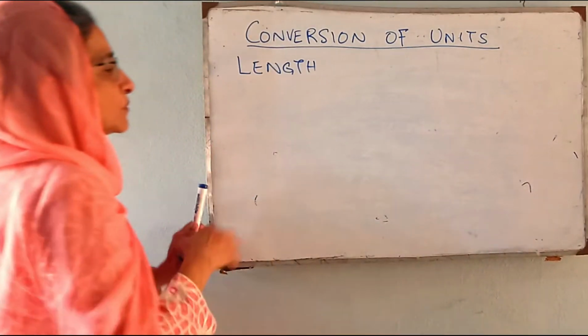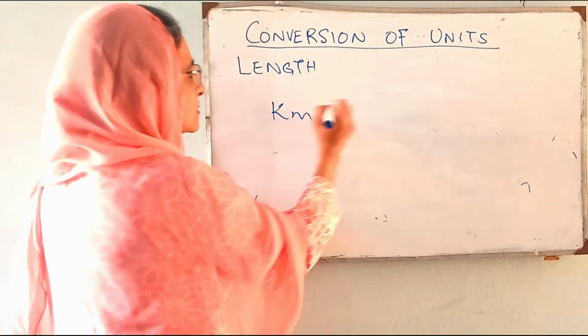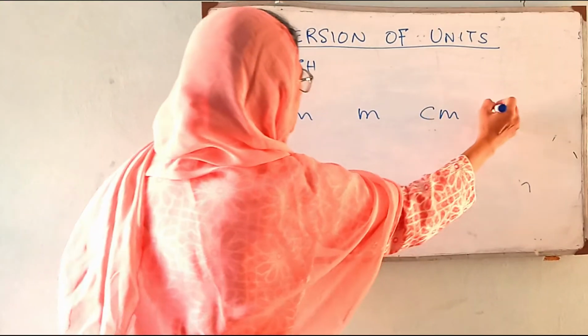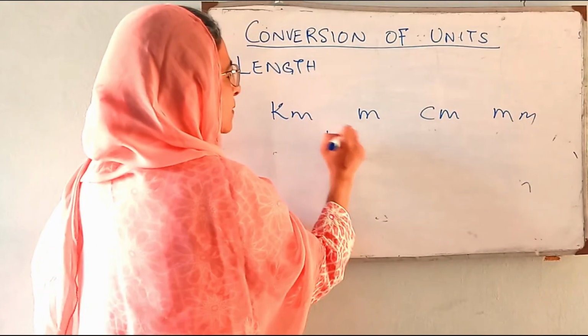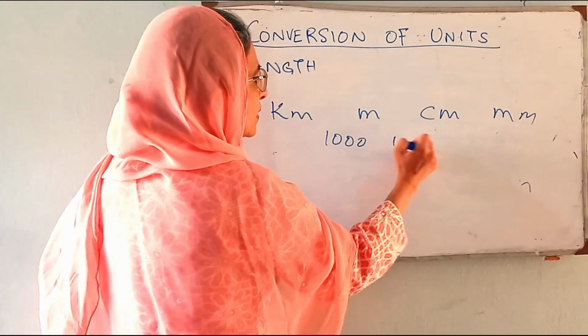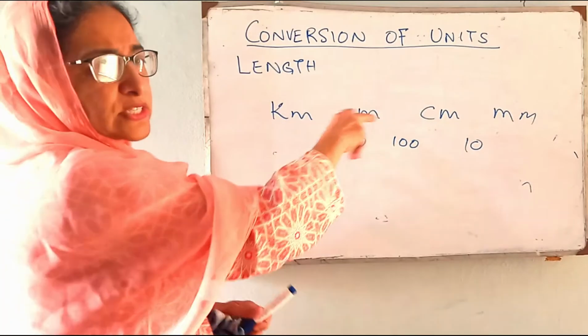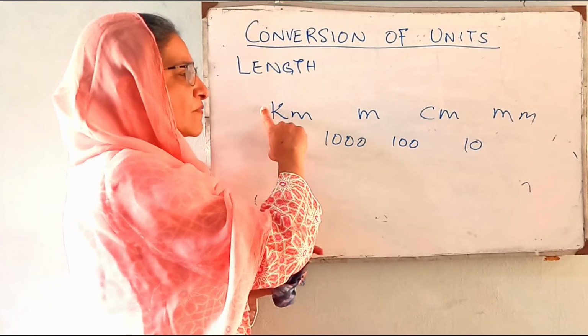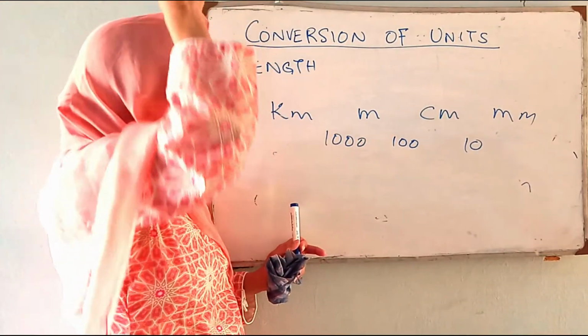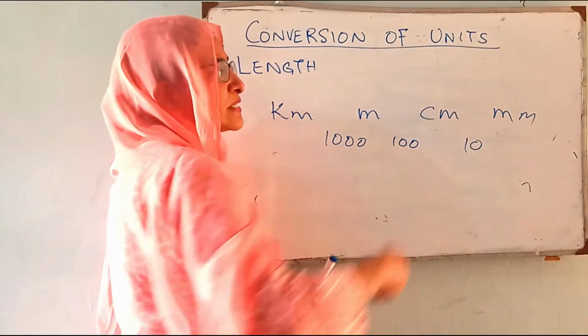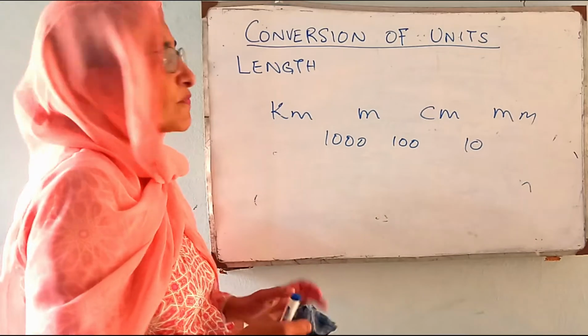Now I have told you that we have kilometers, meters, centimeters and millimeters, and here we have 1000, here we have 100, and here we have 10 millimeter. Now I have done it stepwise. That means I converted from kilometers into meters, and then centimeters and millimeters. But what happens if I want to skip?